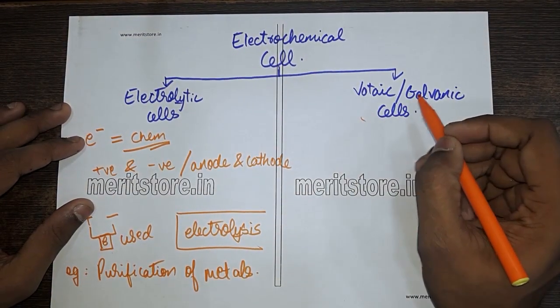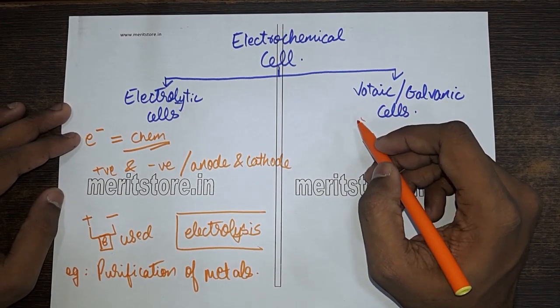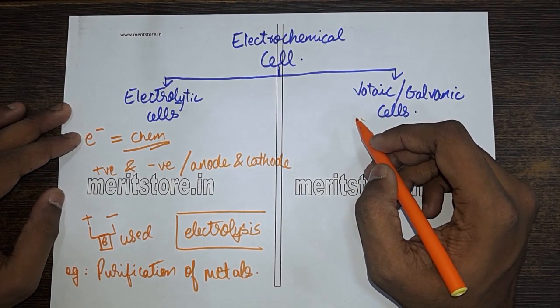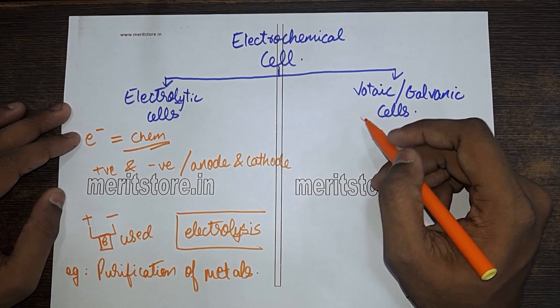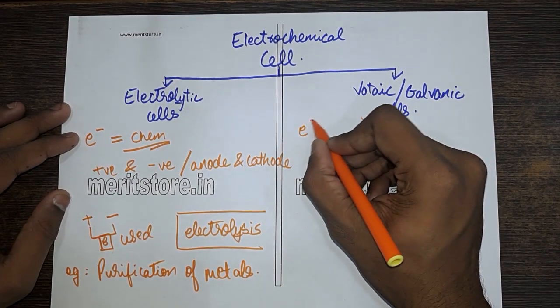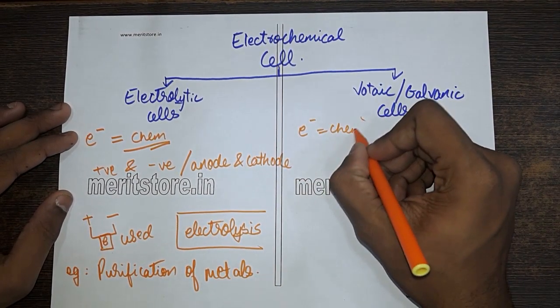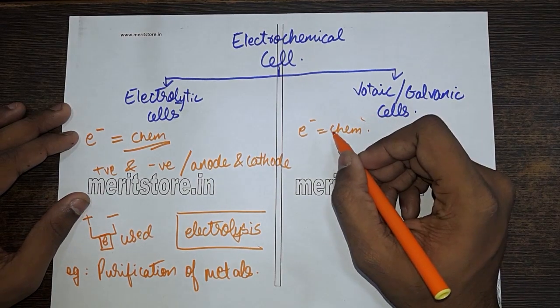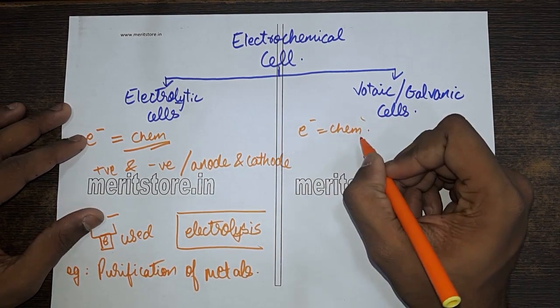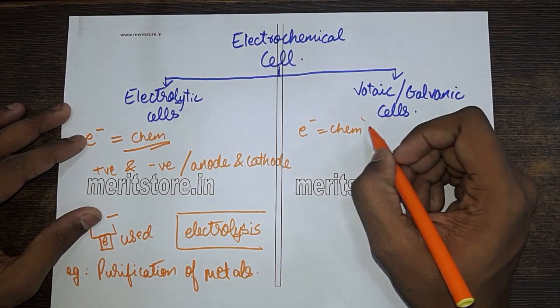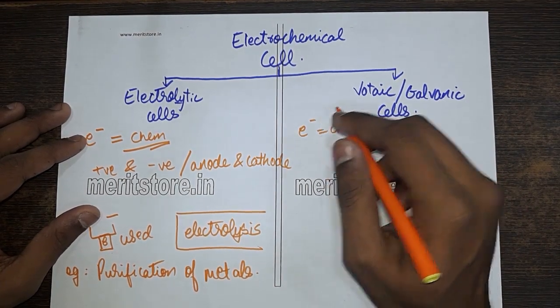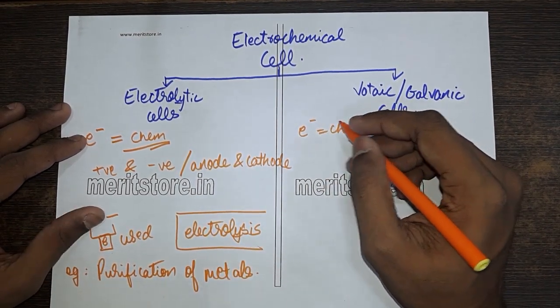Under voltaic or galvanic cells, the conversion of chemical energy into electrical energy happens. In this, negative electrode is anode where the oxidation occurs, and the positive electrode is cathode where the reduction occurs.